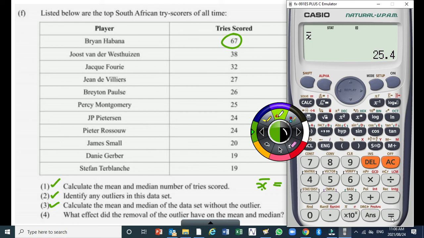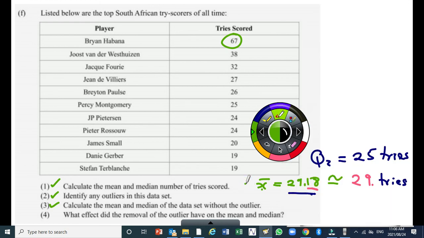Now the mean has changed. So our mean now is 25,4, which is approximately 25, right? And then our Q2, let's retrieve it.